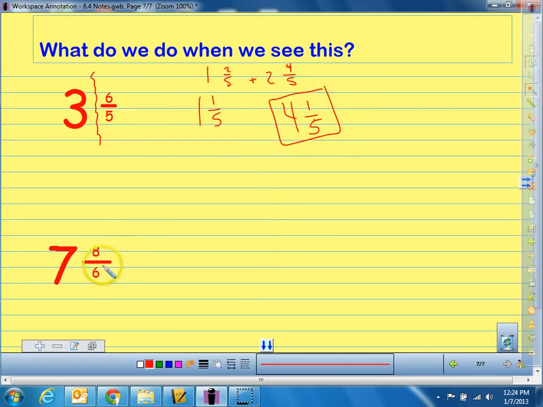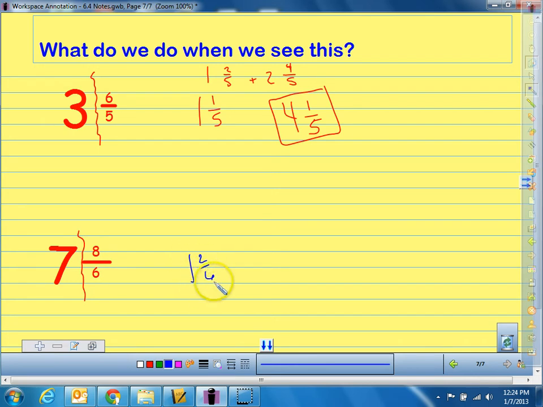So try this one down here. When we split these, we've got a 7, and then we've got 8/6. What does 8/6 become? I'm going to give you just a minute to work on that one. I hope you said that 8/6 equals 1. 6 can go in 8 one time, and I'm left with 2/6 after that.